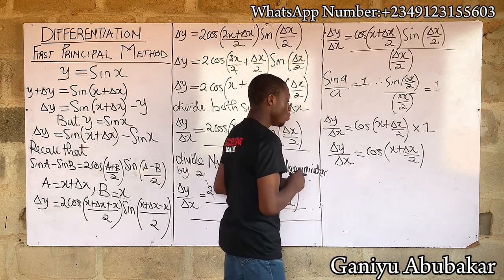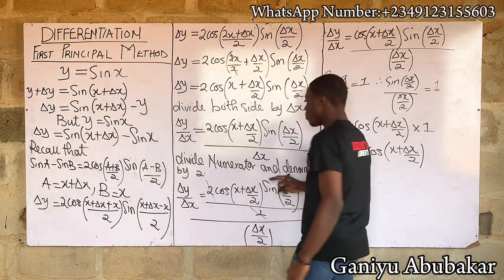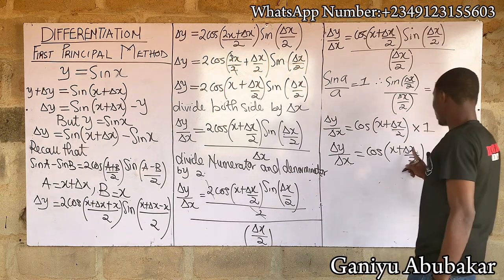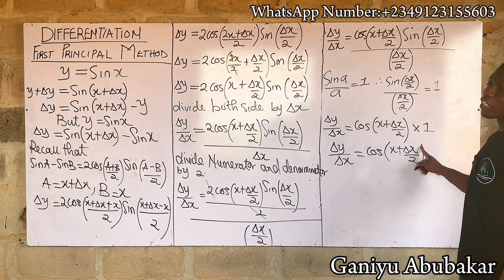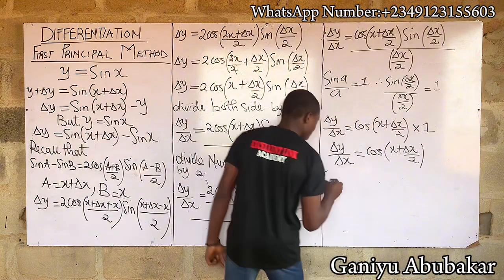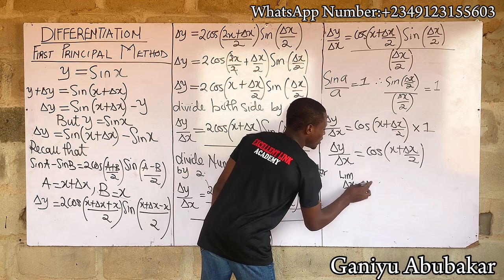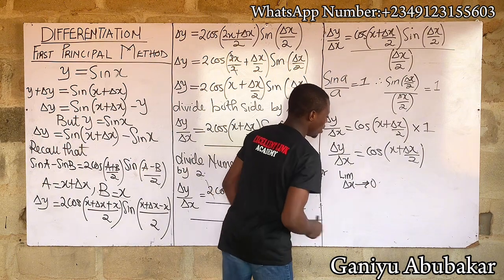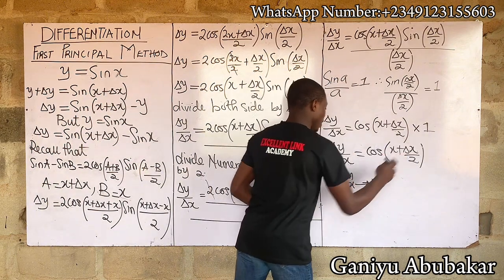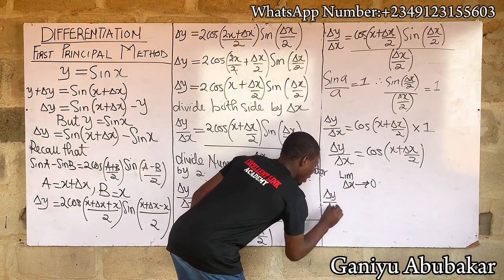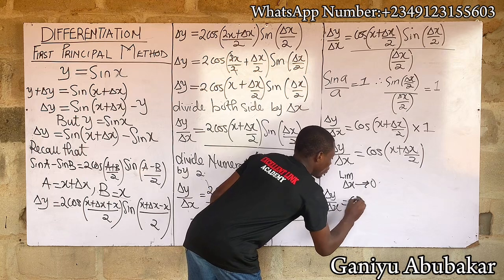We said whenever you divide through by change in x and you are still left with change in x, you take the limit of this thing as change in x goes to 0. So anywhere there is change in x, I'll put 0.